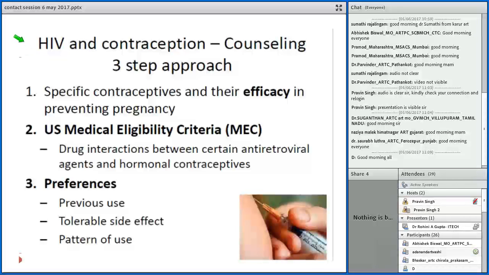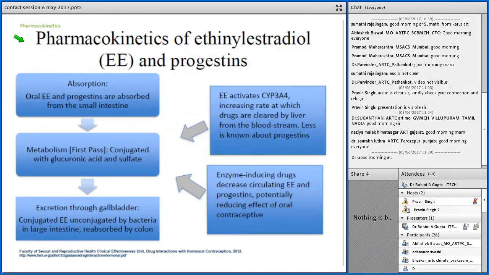HIV and contraception counseling. There are 3 steps. One is to know exactly which specific contraceptive is available, what its efficacy in preventing pregnancy is, and whether it is safe in HIV-infected women. What are the drug interactions, what are the side effects.